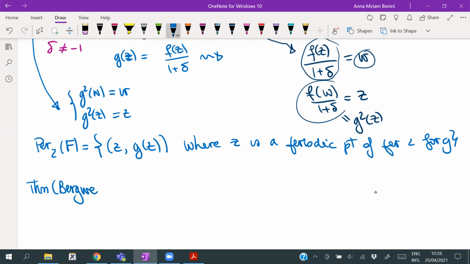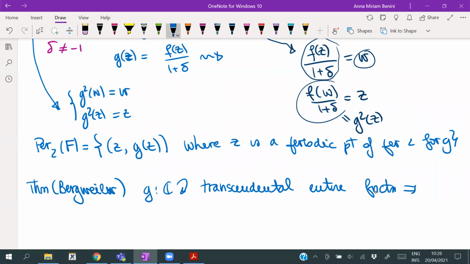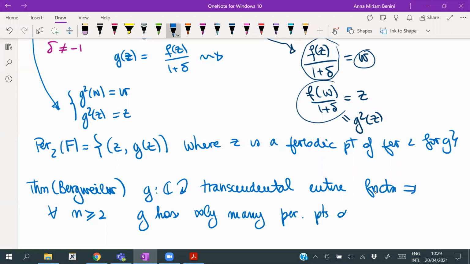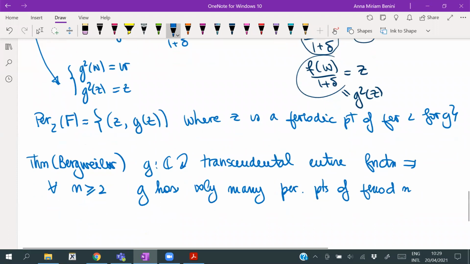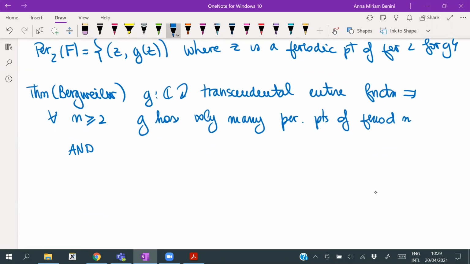I think actually the part of existence was already due to Baker, which tells you that if G is a transcendental entire function from C to C, then for every period n bigger or equal than 2, G has infinitely many points of period n, and which is interesting for us, you will see in a second, their multiplier goes to infinity.